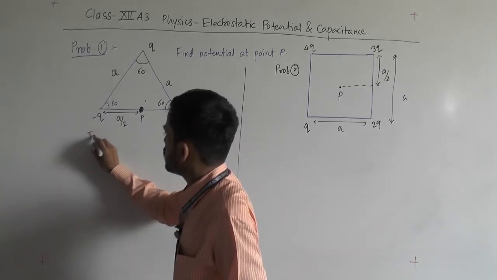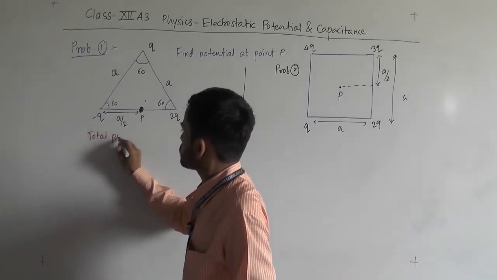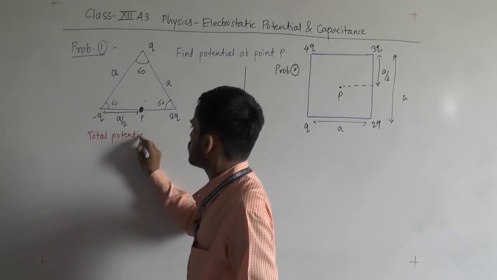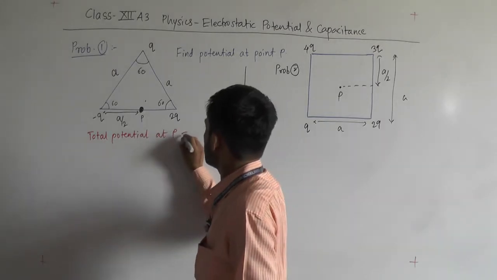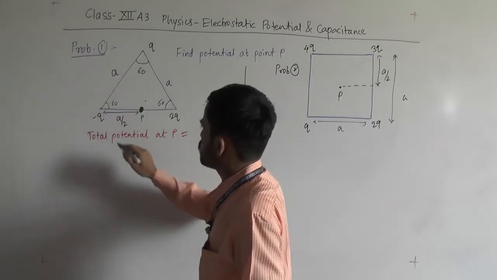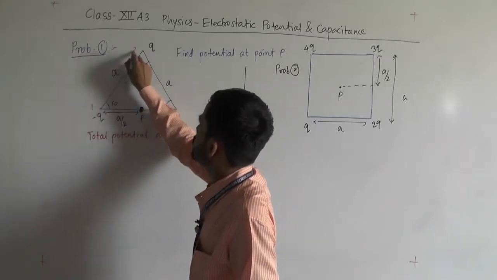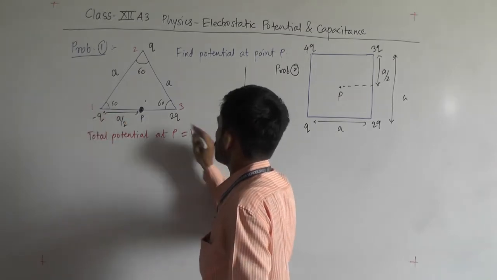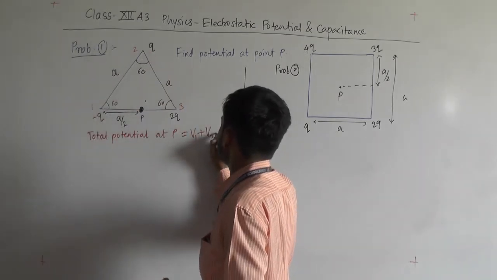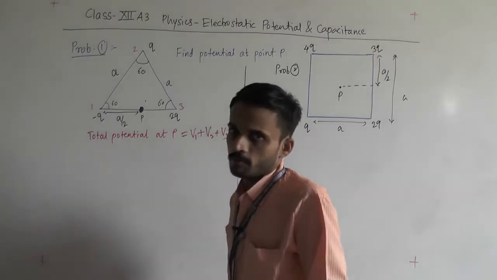So total potential at P is equal to, suppose I call them 1, 2 and 3, potential due to 1 plus potential due to 2 plus potential due to 3.